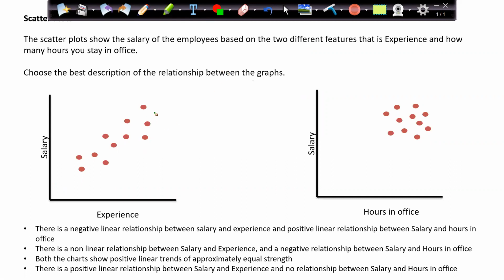You can see that there looks to be a linear relation. When my experience is increasing, my salary is increasing. However, the second chart is very much not linear because there are a lot of outliers as well. The data is cluttered.